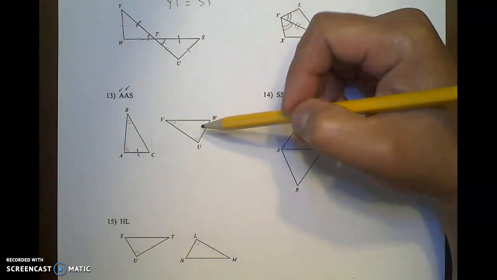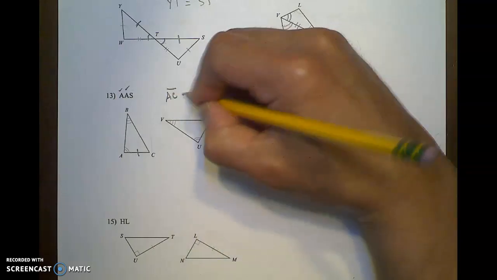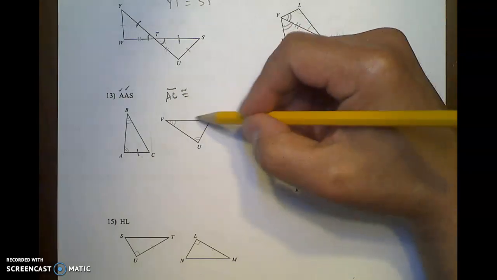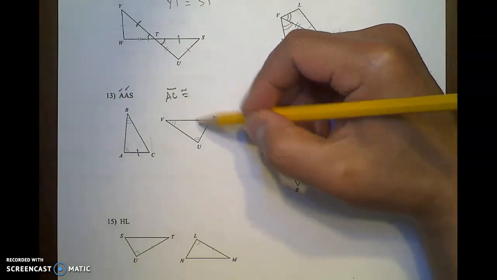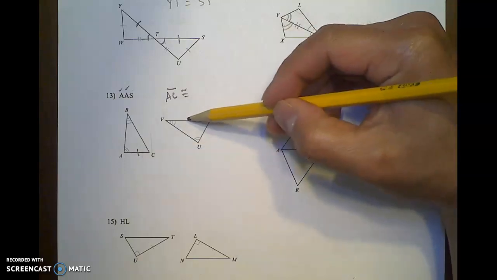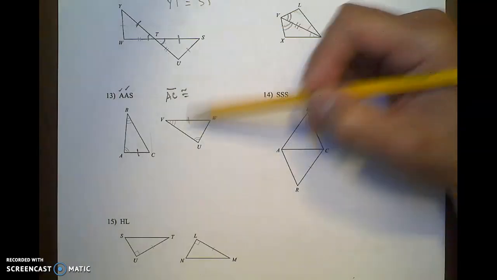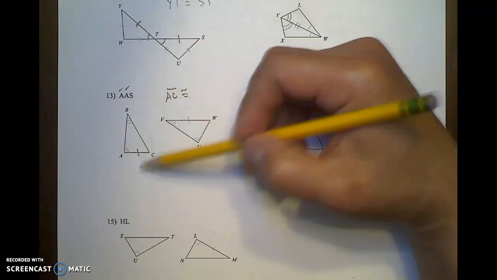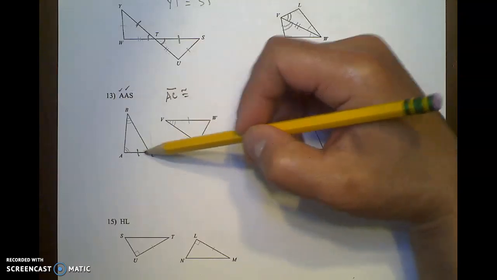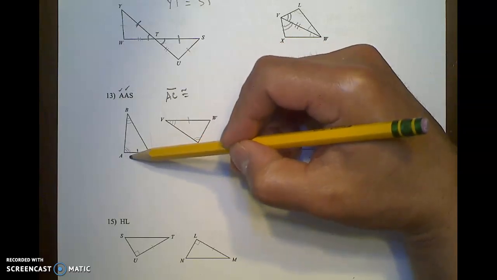Alright, so now we need to go to the other triangle and mark up. We've got to have AC from this triangle be congruent to... Now we have to be careful which side we're going to pick to match up with AC. We cannot pick side VW. The reason we can't pick that side is if you take a look at this angle, this side that we tick marked here is attached to a side which is also attached to this angle tick mark.